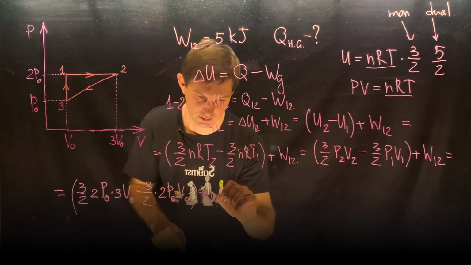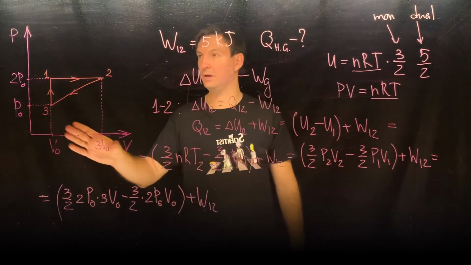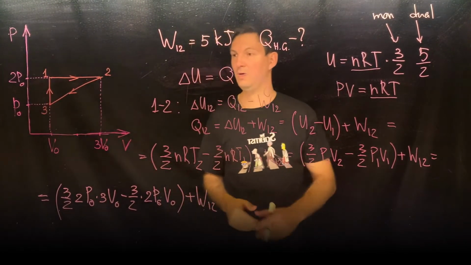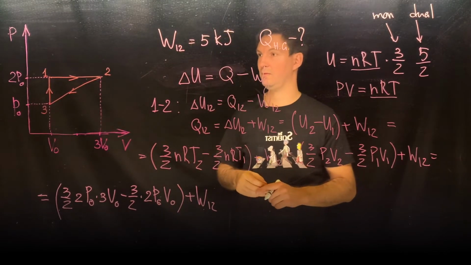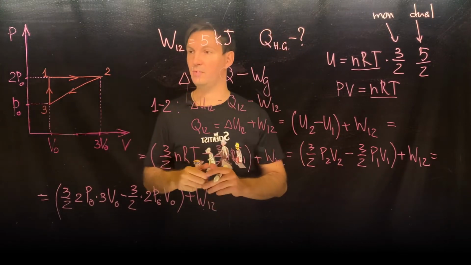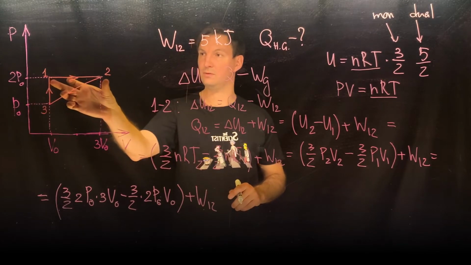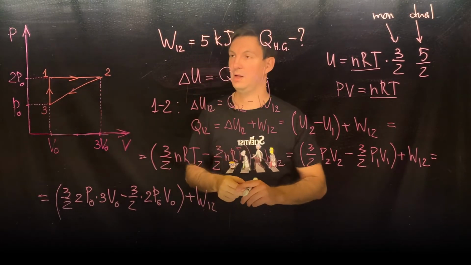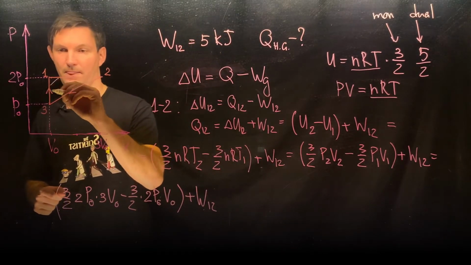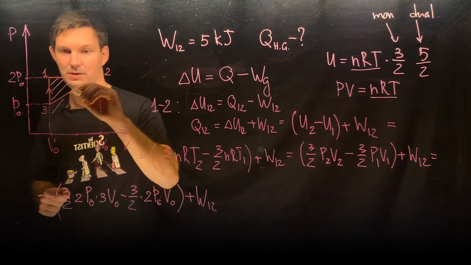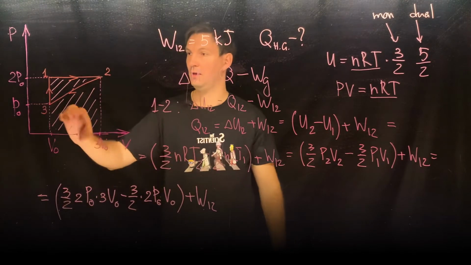Plus work W12. We also know that in P-V coordinates, the work of a gas equals the area under the plot. In our case, we have a transition from state 1 to state 2 at constant pressure, so let's shade the area.